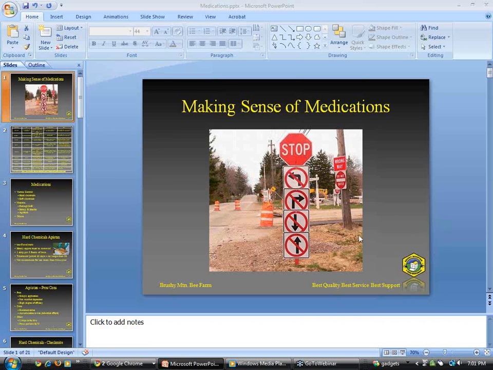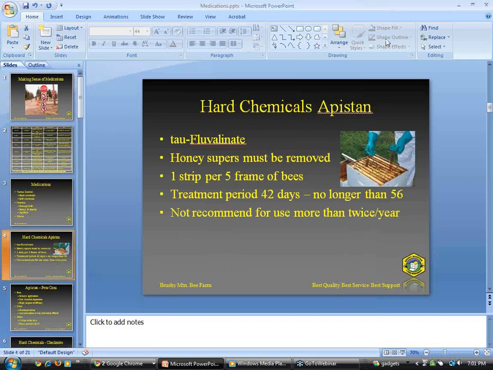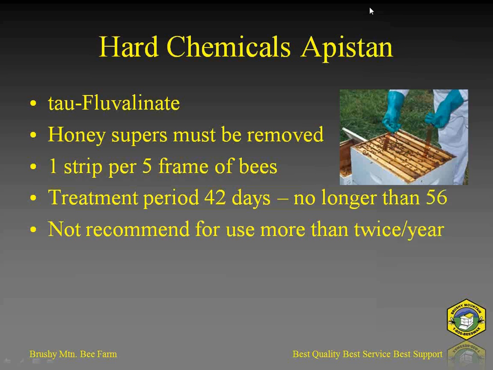If you look at the picture here, they're putting the strips at a diagonal. You've got one in a diagonal this way. In the second box, you might want to reverse the diagonal, if you will.